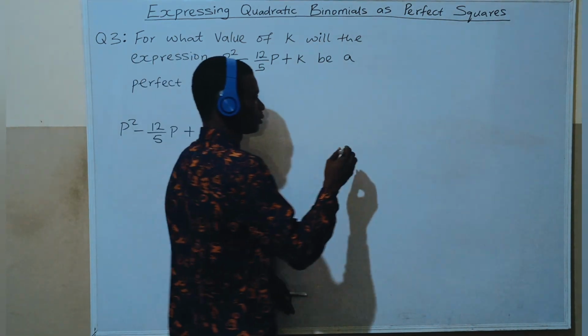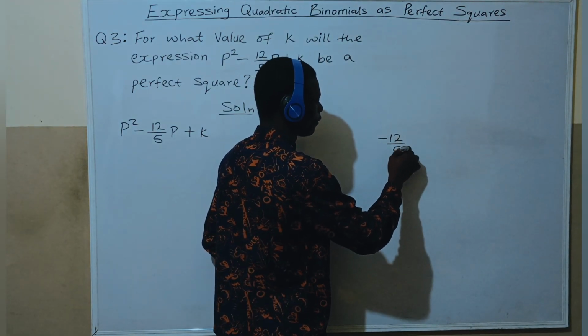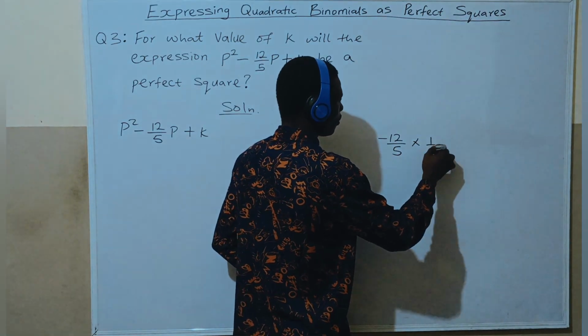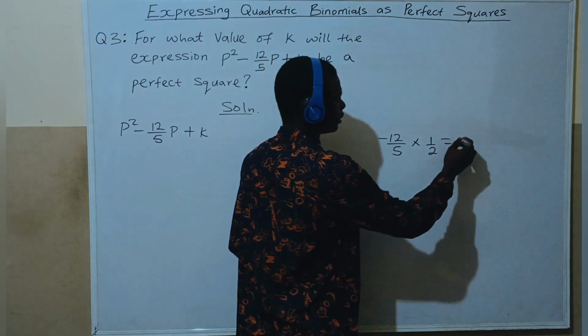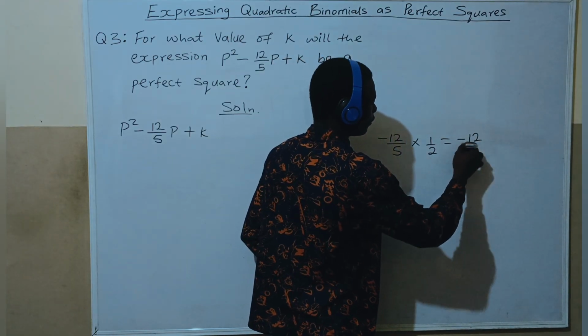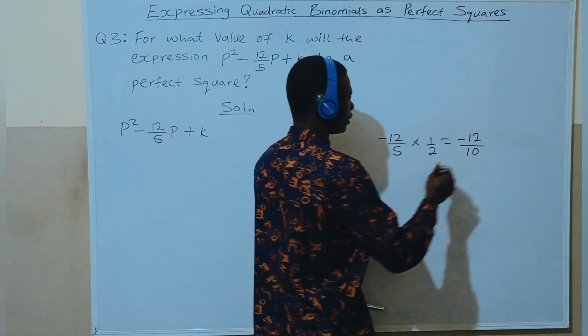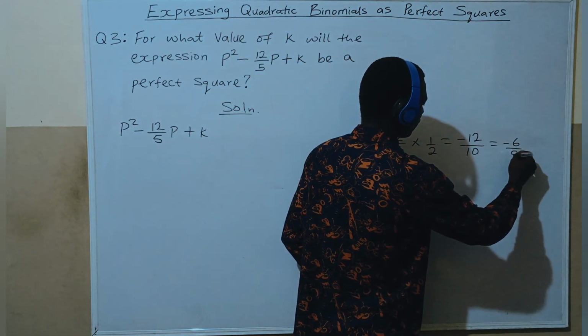In this case, the coefficient of p is negative 12 over 5. And we are going to halve it, that is by multiplying it by 1 over 2. And when you multiply this by 1 over 2, that's going to give us negative 12 over 10. When simplified and reduced to the lowest term, it's going to give us negative 6 over 5.